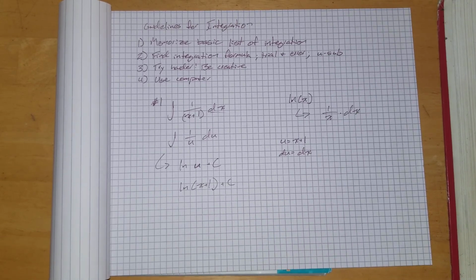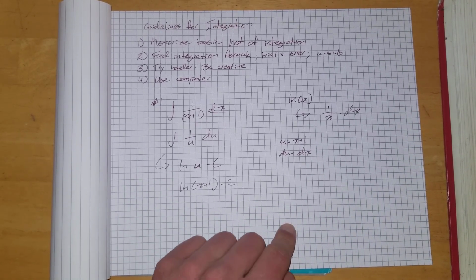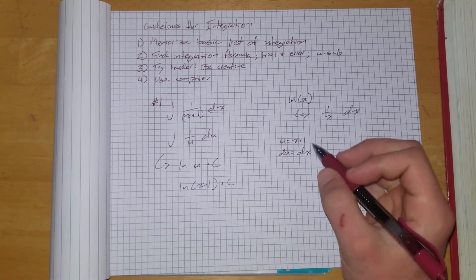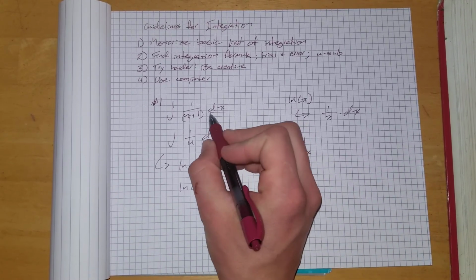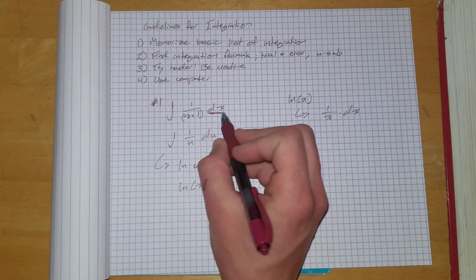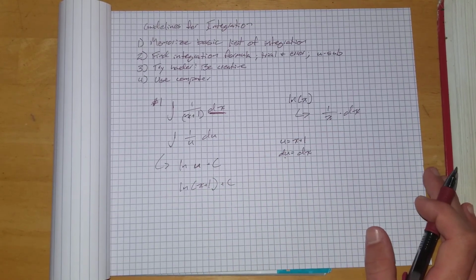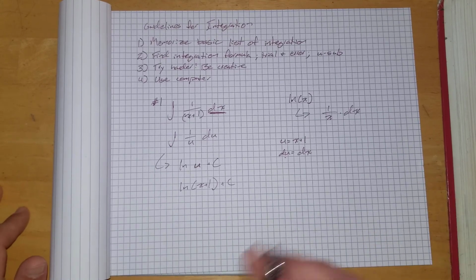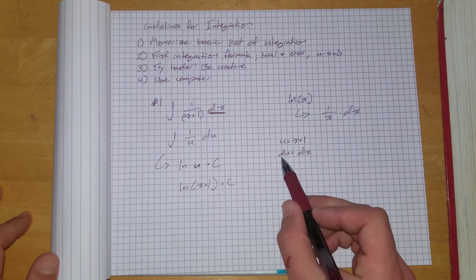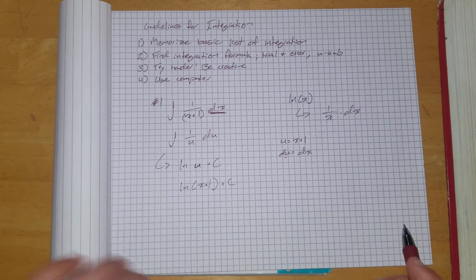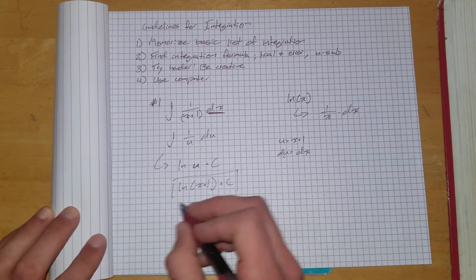So that one's pretty straightforward, mainly because our du is written here, right? So we don't have to manipulate it or anything to try and find the antiderivative. So that's how you do number 1.